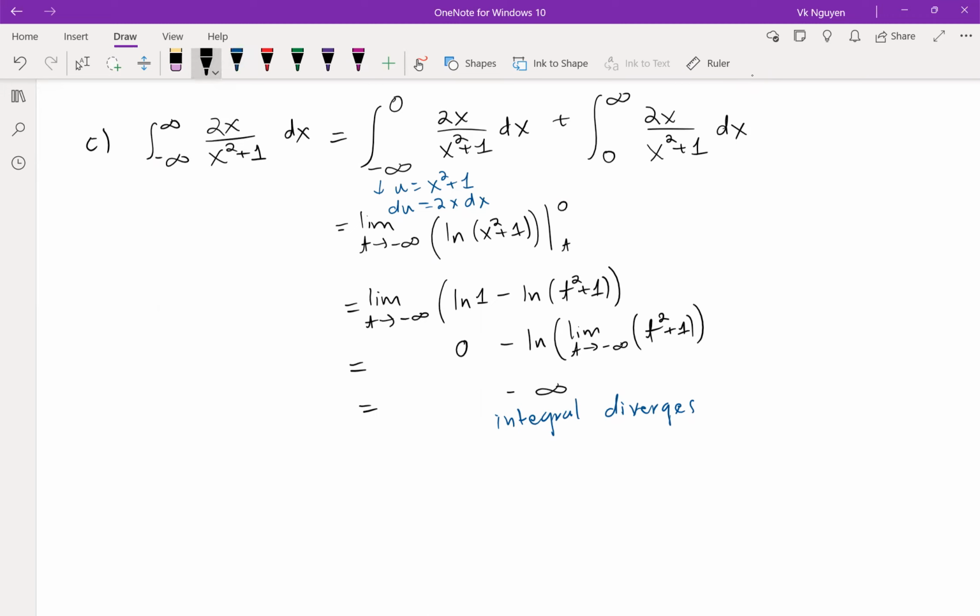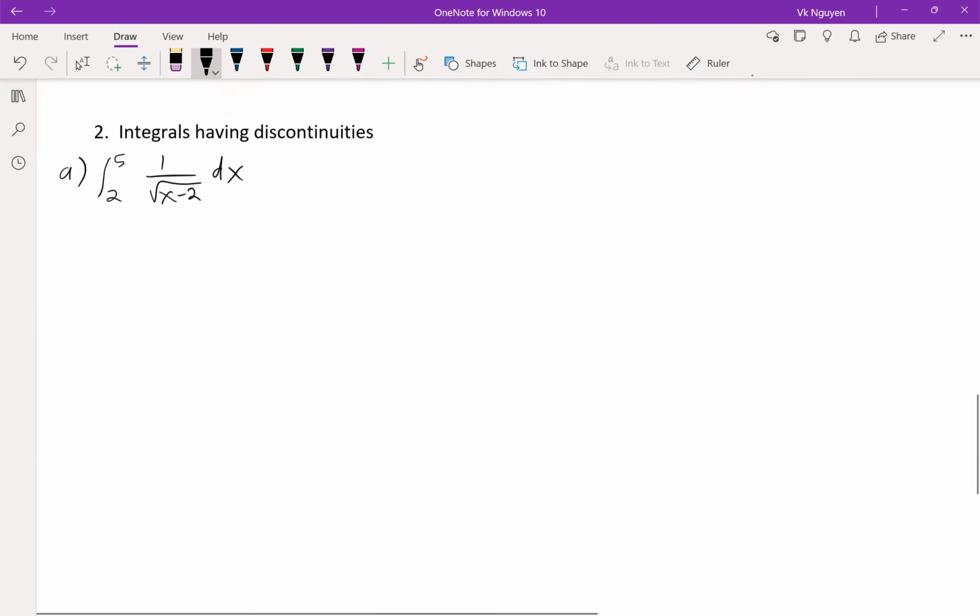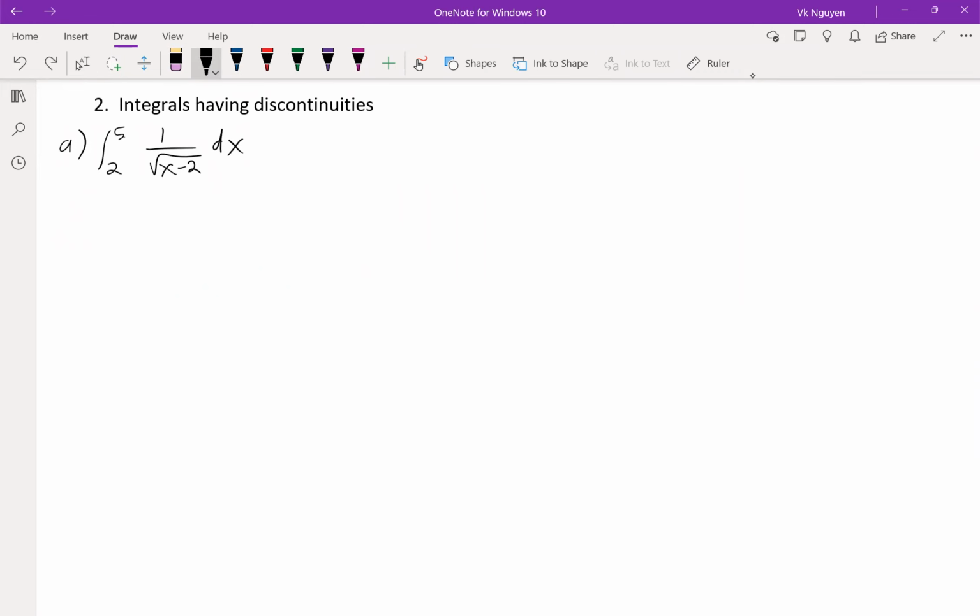The next kind of improper integral is an integral having a discontinuity. Take the integral from 2 to 5 of 1 over square root of x minus 2 dx. 1 over root x minus 2 is not continuous at x equal 2 because we cannot divide by 0.